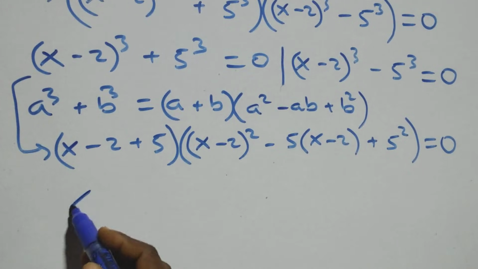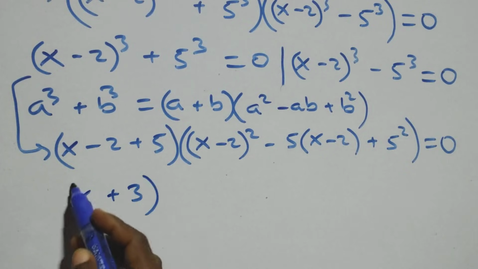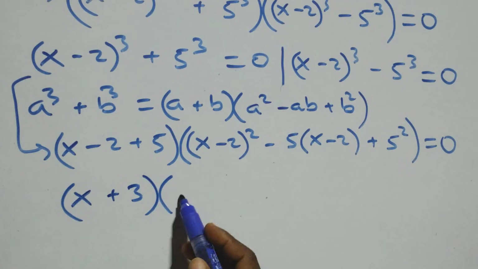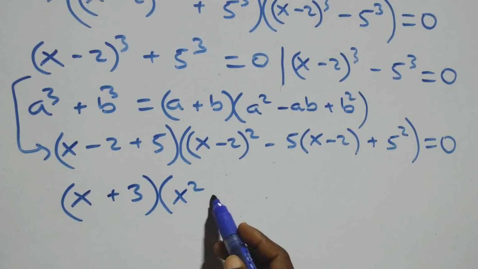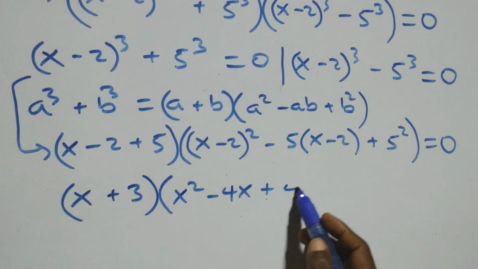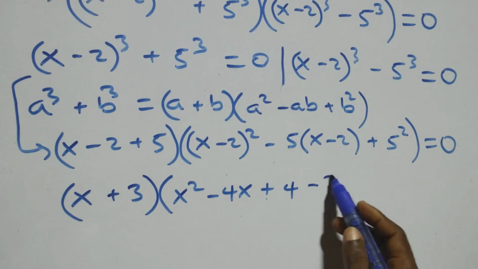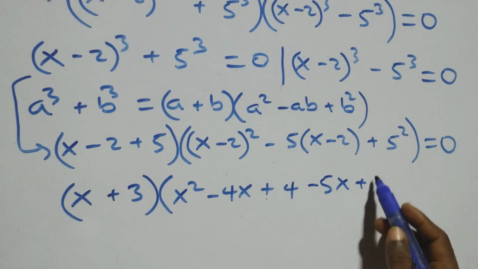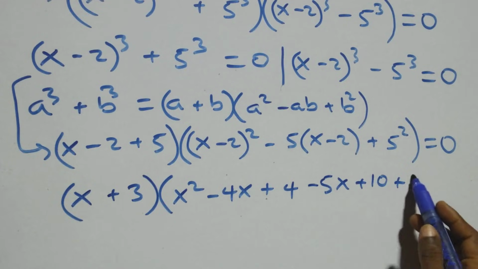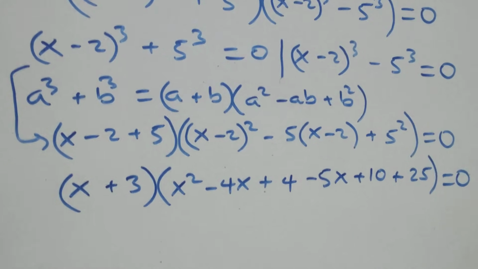This becomes (x plus 3) times the expansion, which gives us x square minus 4x plus 4, then minus 5 open this bracket, we have minus 5x plus 10, and plus 5 square, which is 25, close bracket equals 0.